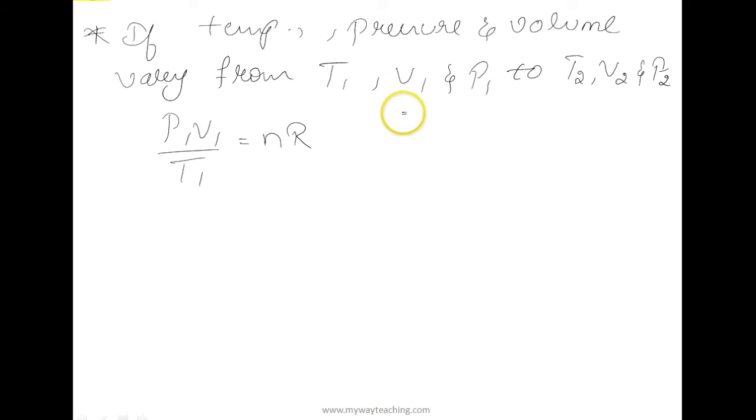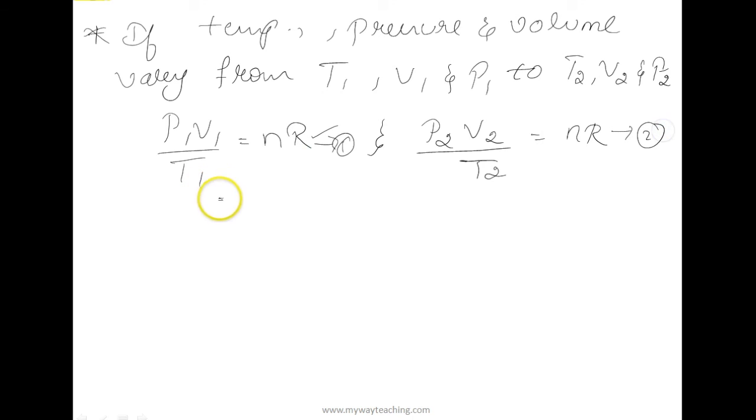And you write P2 V2 by T2 is equal to nR. So equating these two equations, this is equation 1 and this is equation 2, P1 V1 by T1 is equal to P2 V2 by T2. The RHS are both the same, that's why we are equating the LHS.